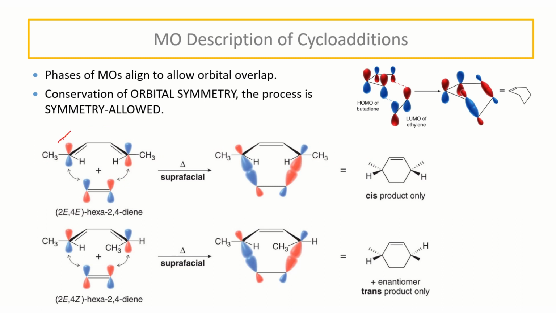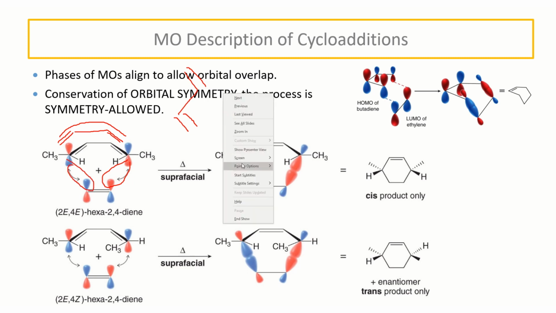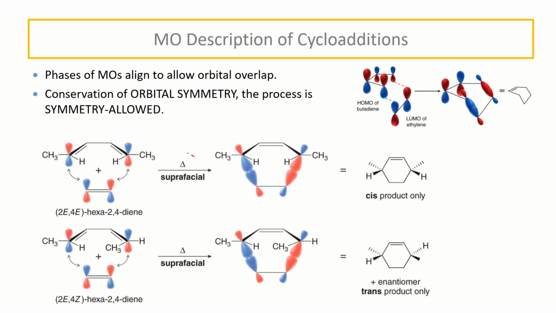There's an s-cis conformation, because if you had an s-trans, then that wouldn't work. But with the s-cis, now you can see that these orbitals will align. Very convenient. You can see here we're telling the reader that it is a thermal event, i.e. ground state.